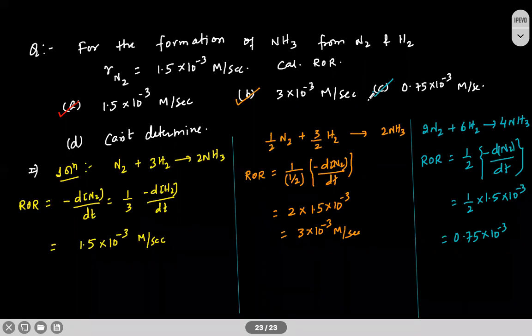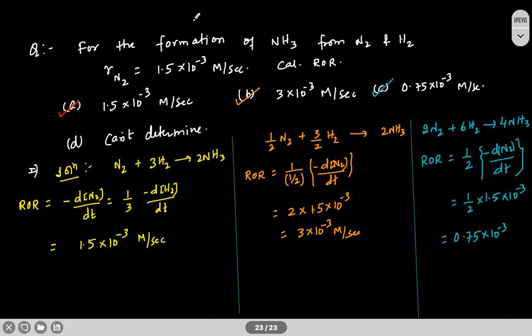Sir, for 1 mole of nitrogen, the rate of reaction is 1.5 into 10 to the power of minus 3. But half mole of nitrogen is half of that. Is it given in the question that 1 mole of nitrogen is this? Is it mentioned? Suppose you got this reaction, someone has taken this reaction, I have taken this reaction, right?